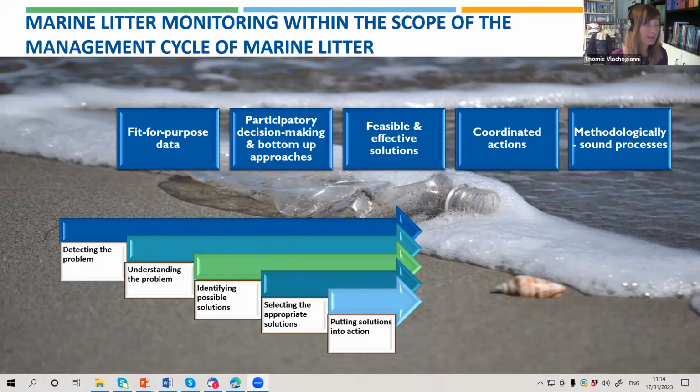And the idea is here with appropriate monitoring approaches to generate fit-for-purpose data in order then to facilitate the identification of feasible and effective solutions that will lead to coordinated actions. So kindly keep in mind these different steps, different phases of addressing the problem of marine litter, where the understanding of the problem is a crucial aspect in terms of identifying the needed solutions.